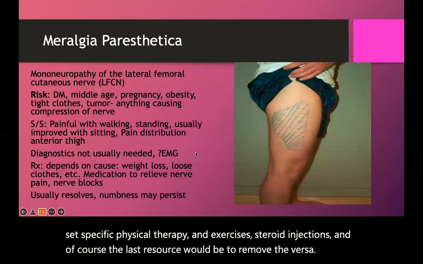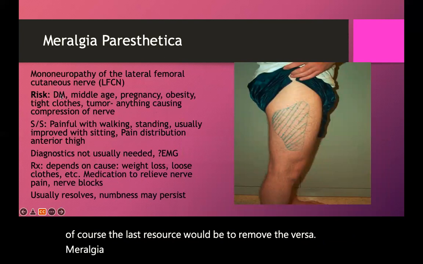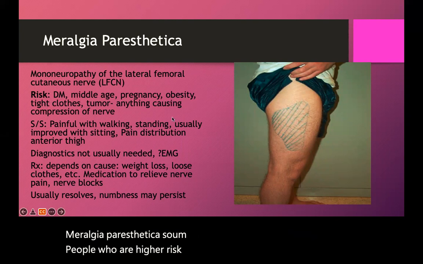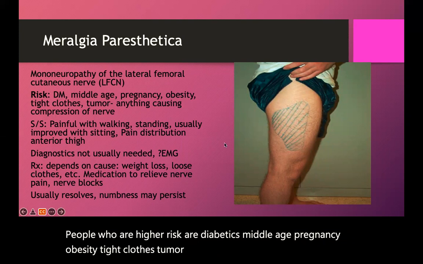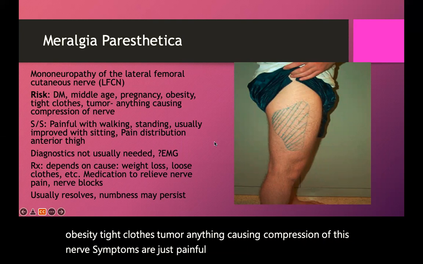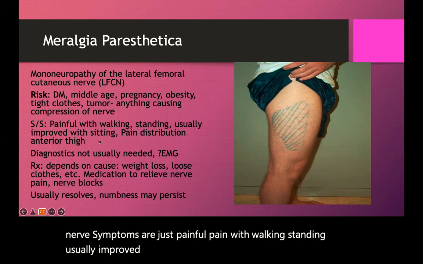Meralgia paresthetica. People who are at highest risk are diabetics, middle age, pregnancy, obesity, tight clothes, tumor, anything causing compression of this nerve. Symptoms are just pain with walking, standing, usually improving with sitting. Pain distribution is the anterior thigh. Diagnostics are usually not needed.